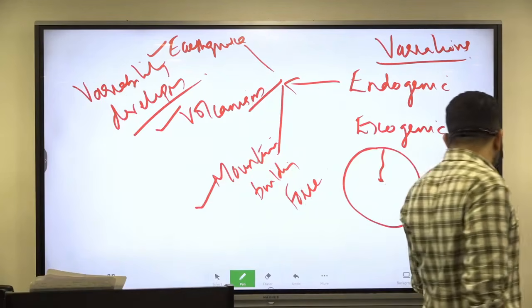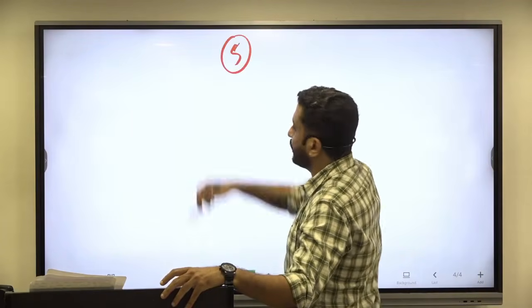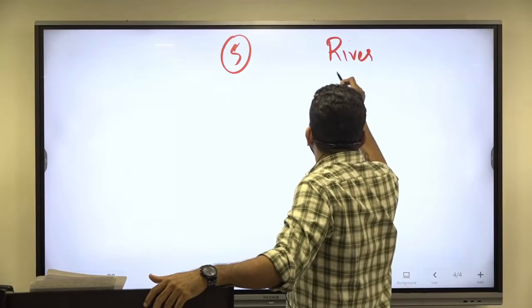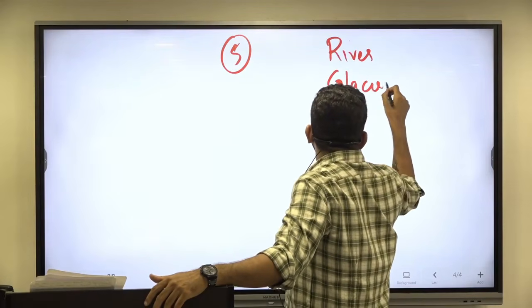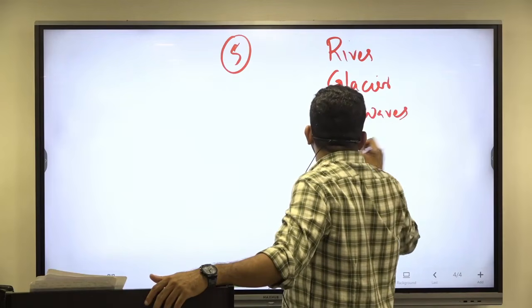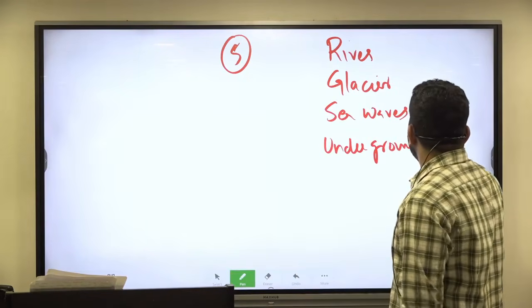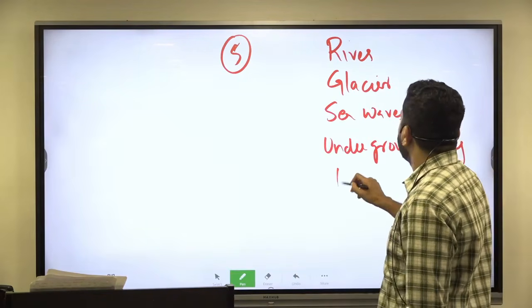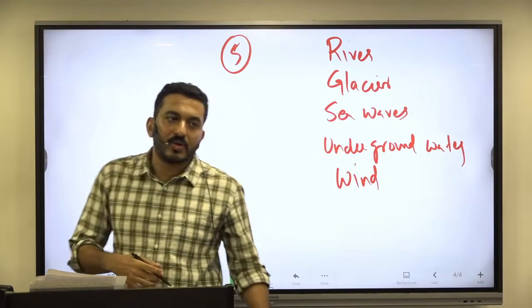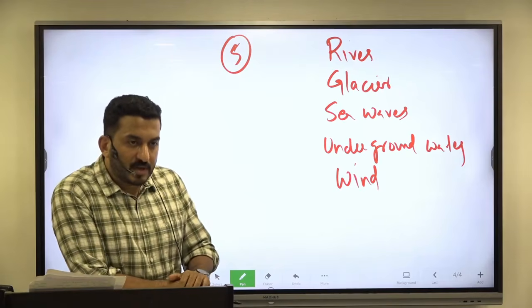You have 5 different exogenic agents: river, glacier, sea waves, underground water, wind. River, glacier, wind, sea waves, underground water. 5 different exogenic agents.